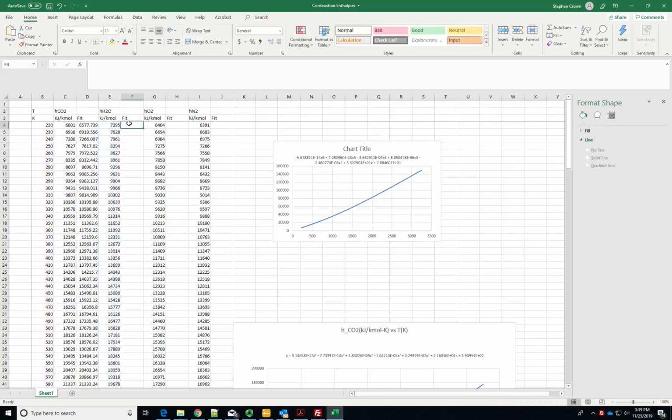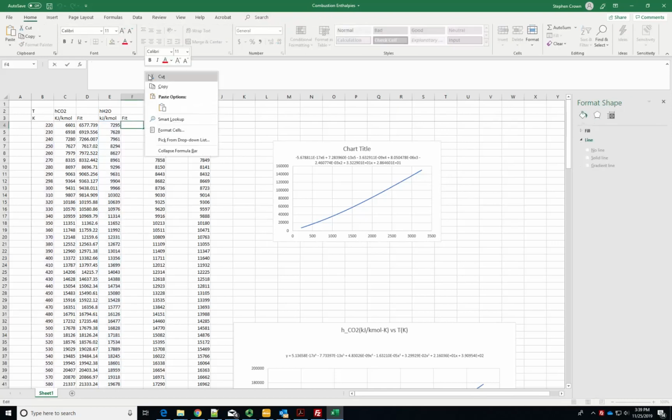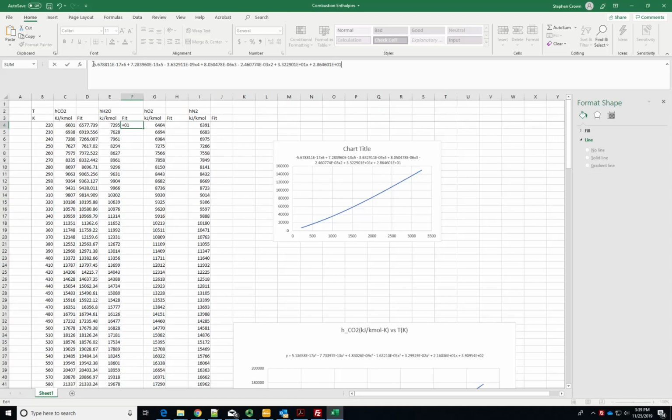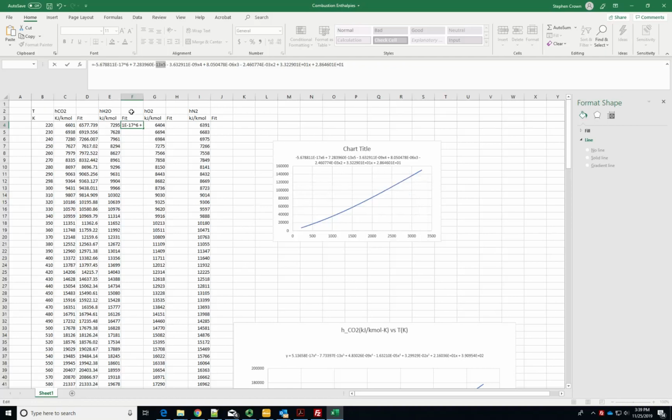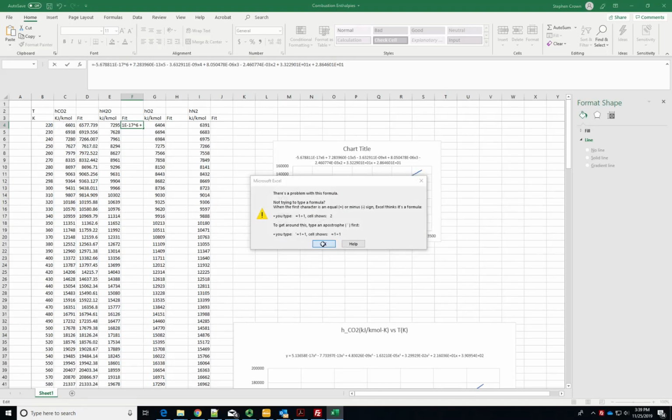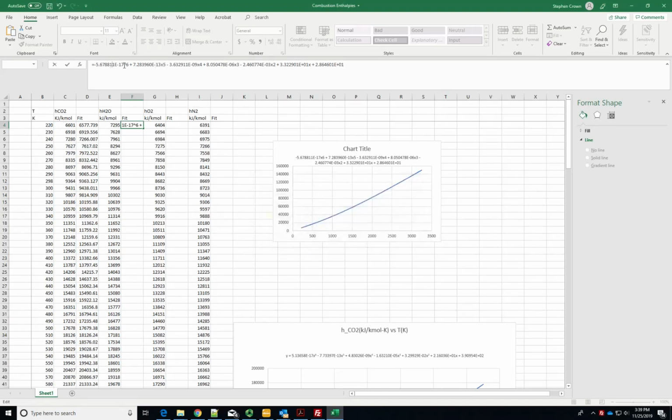All right, let's put it here. So paste that and put it equals, and raise this to power. And the cell I'm looking for is this one. Doesn't like that. Let's see. Equals, let's just type it in, B4.